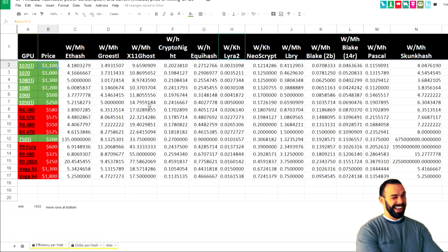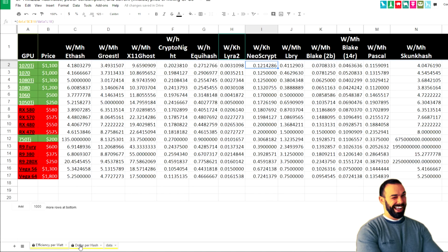You want to have the highest efficiency there. And the 1070 Ti is today the most efficient NeoScrypt mining card. NeoScrypt is pretty important, and occasionally, if you're just selling raw hash power on, say, NiceHash or MinerGate, for example, then you're going to get far better returns on the 1070 Ti long term.